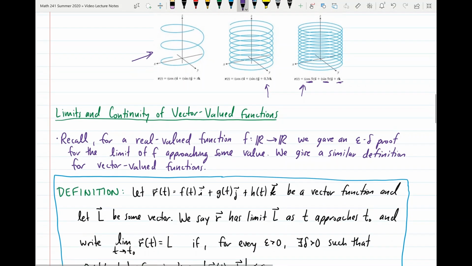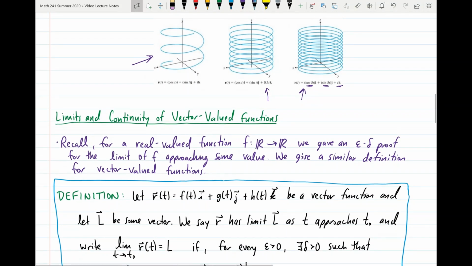Okay, and from here we're going to take a relatively different turn, and we're going to move into limits and continuity of the vector valued functions that we just defined. So recall that for a real valued function, and here I'm going to denote that function f, and you might not have seen this notation before, but this just means that it's a function f that takes real values and outputs real number values.